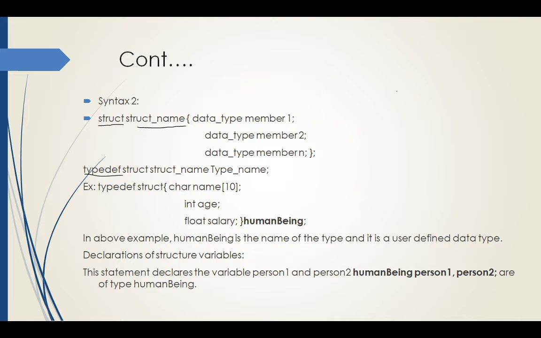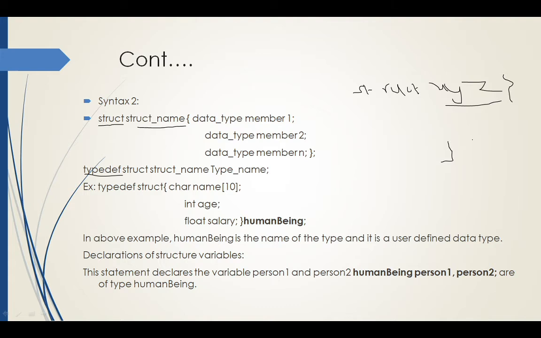So for example, suppose I have declared the structure XYZ. XYZ is a structure name which has three members. So at the end what should I write? Typedef struct is a keyword, and what is the structure name? XYZ is the structure name and then the type name. What is the variable for this structure?